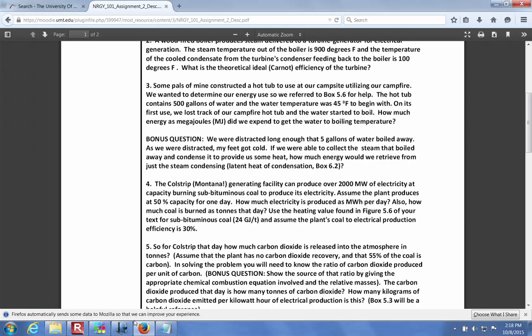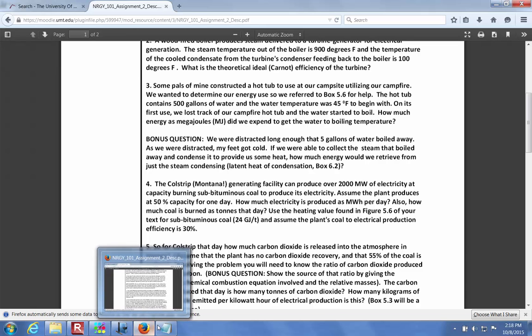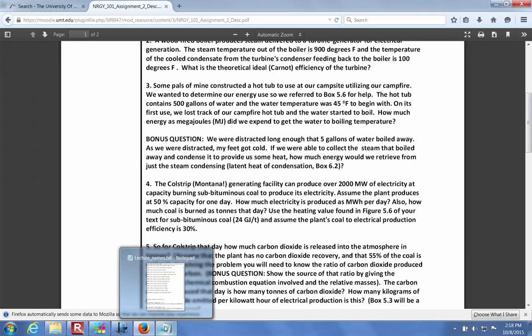Okay, we were distracted long enough, and off camera, drinking beer, that 5 gallons of water boiled away. As we were distracted, my feet got cold. If we were able to collect the steam that boiled away and condense it, to provide us some heat, how much energy would we retrieve from just the steam condensing?